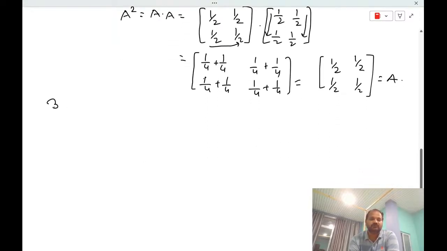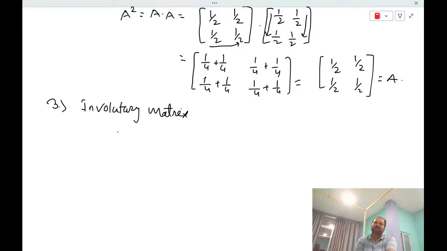Now the third one is the involutory matrix. What is the involutory matrix? In the same way, if A is a square matrix, the condition for an involutory matrix is that A square is equal to I. Then we can say that it is an involutory matrix.